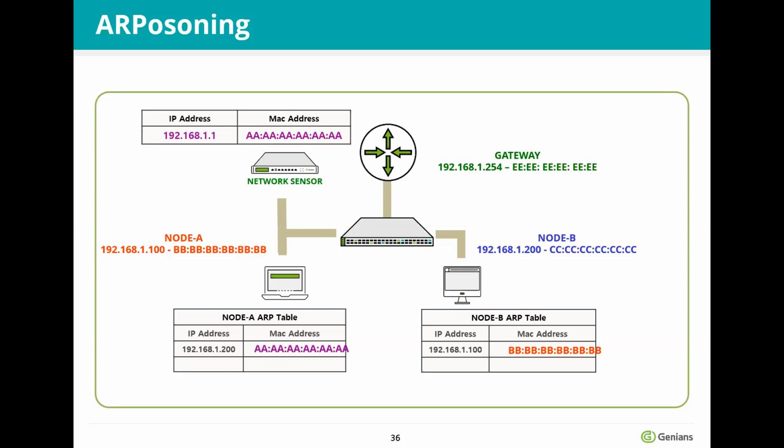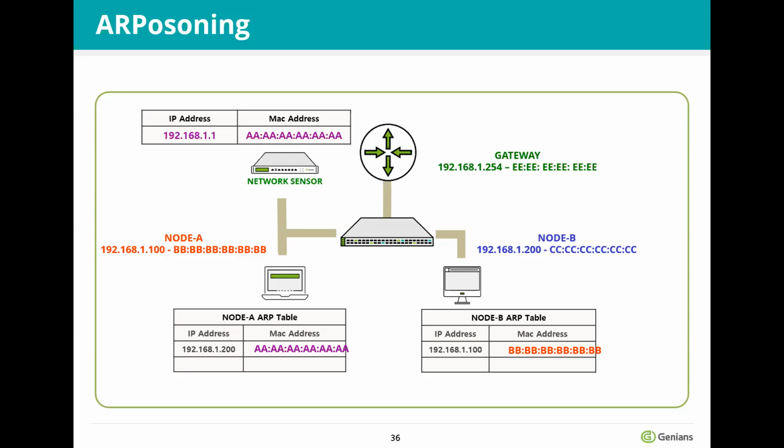So when node A tries to communicate with node B, node A only sends the packet to the network sensor, and the network sensor receives the packet and drops it.